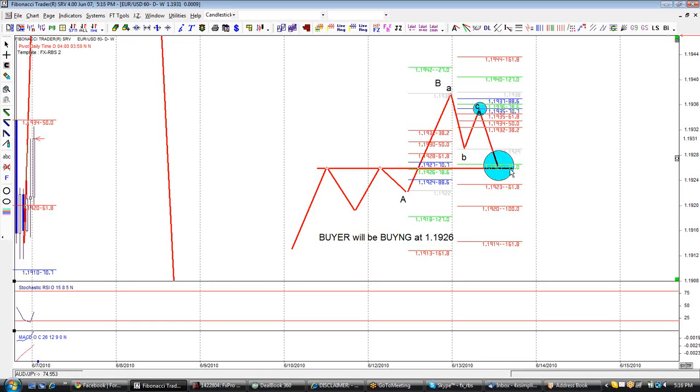and one of his targets most likely will be the 127. The first extension is probably one of his targets.